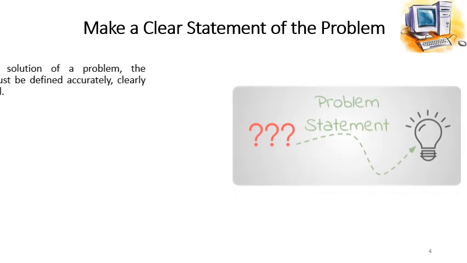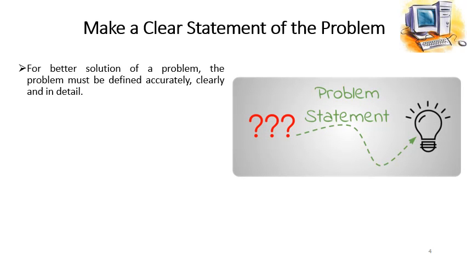Okay, make a clear statement of the problem. The very first essential thing for solving a problem is to make a clear statement of the problem. If the problem is not clearly defined, it cannot be solved in a good manner. For a better solution of a problem, the problem must be defined accurately, clearly, and in detail.